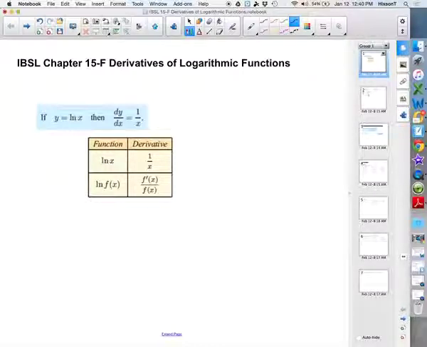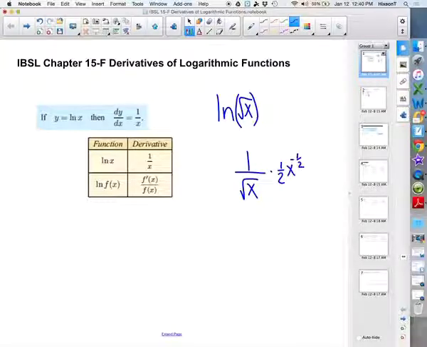It makes sense. Okay. Another one here, if we had the natural log of the square root of x. Okay? We would do 1 over the square root of x, but then we would need to multiply that by the derivative of the square root. So 1/2 x to the -1/2.